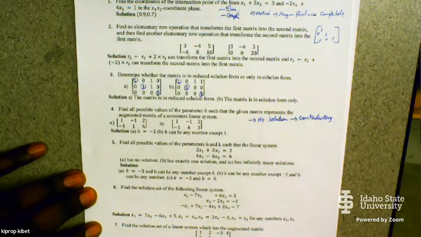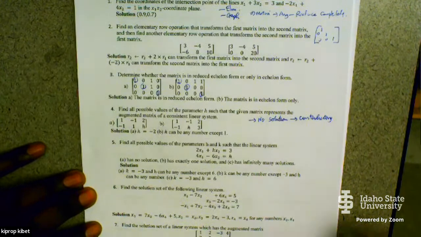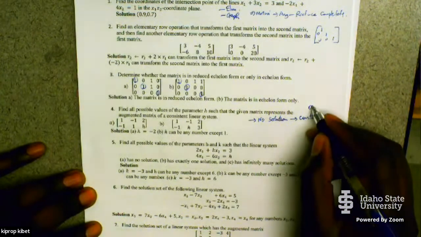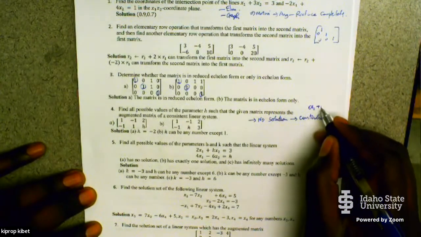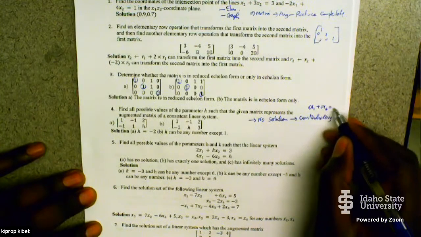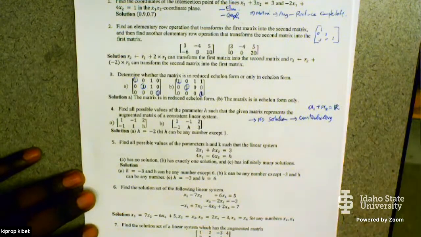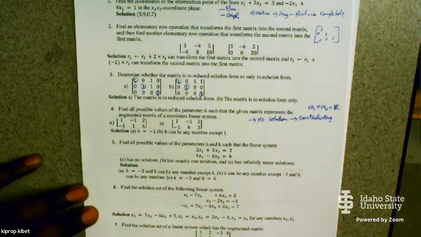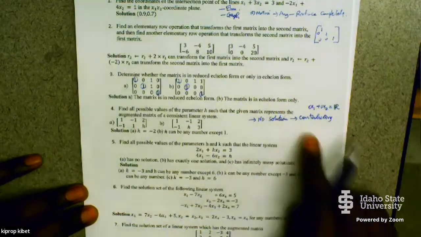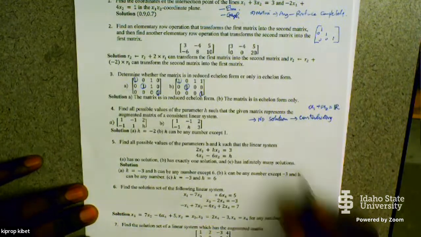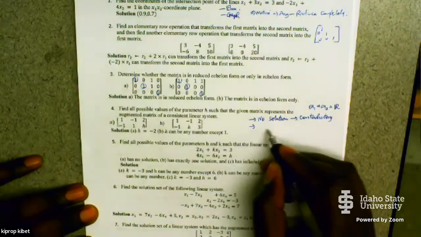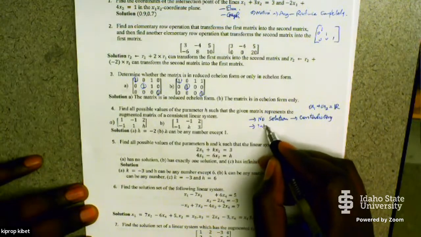And what do you mean by contradictory? It should be 0 if it is x1 plus 0 x2. Should give you a real number here. So this will give us what? No solution.